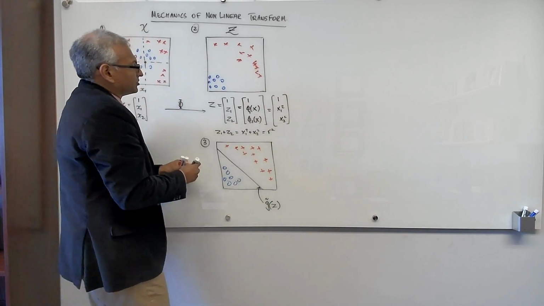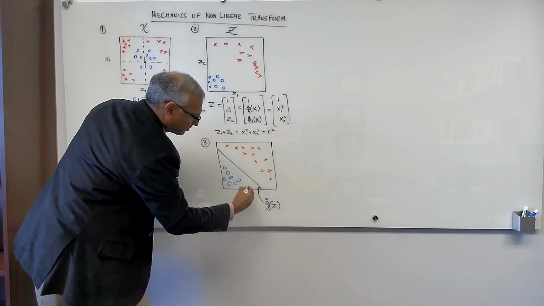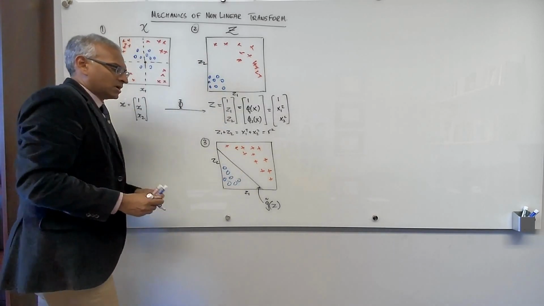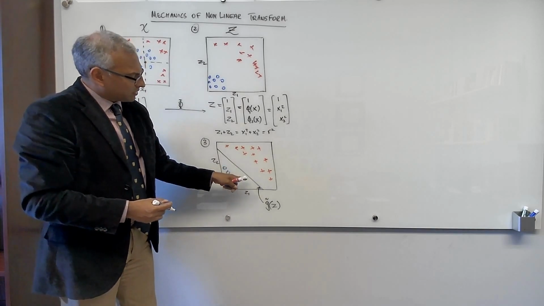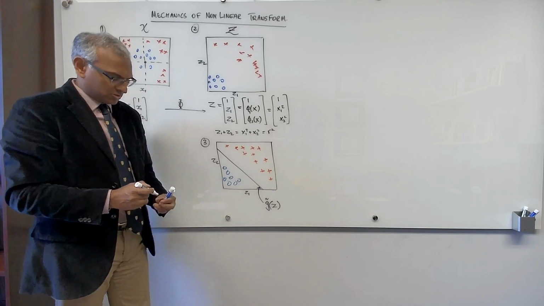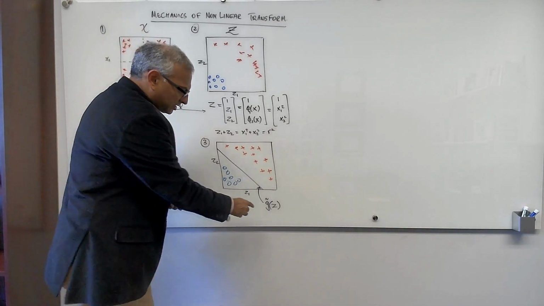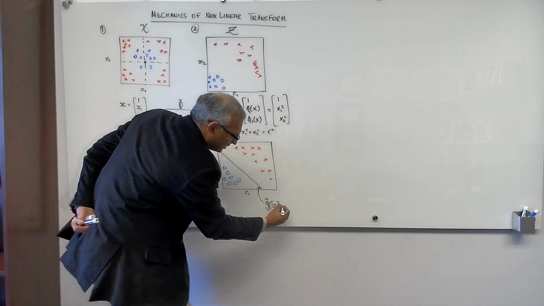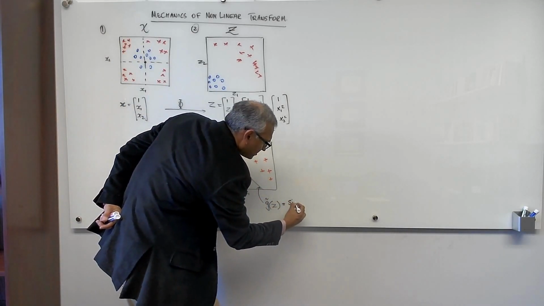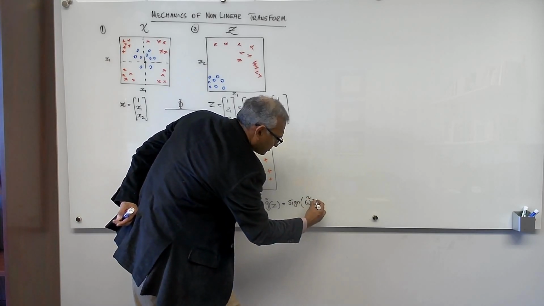So it takes in, so this is z1, this is z2. So it takes in z1, z2, and of course the augmented one. And if you're above this line, it outputs +1. If you're below the line, it outputs -1. Okay, and g tilde of z is exactly equal to the sign of w tilde transpose z.